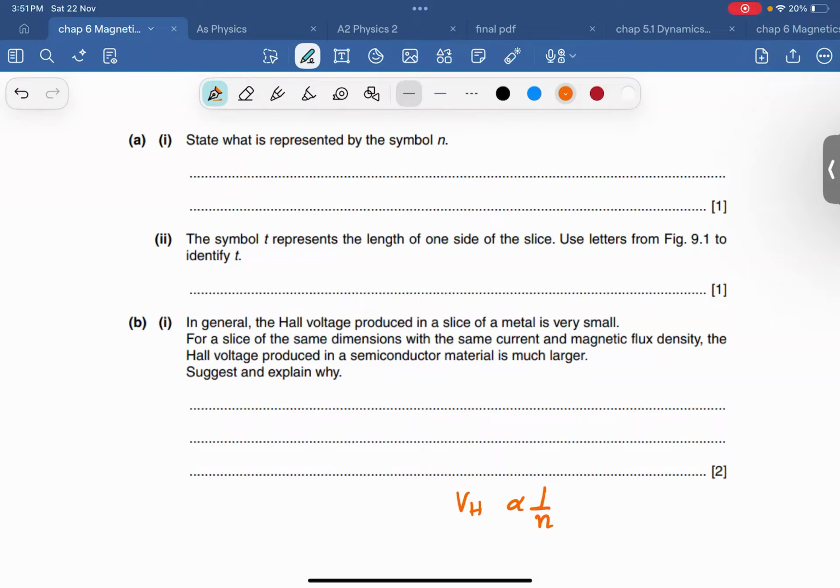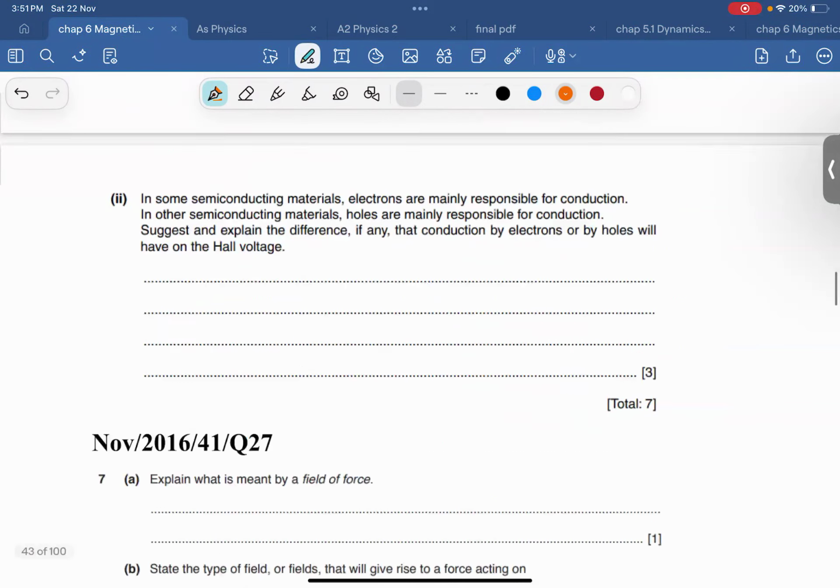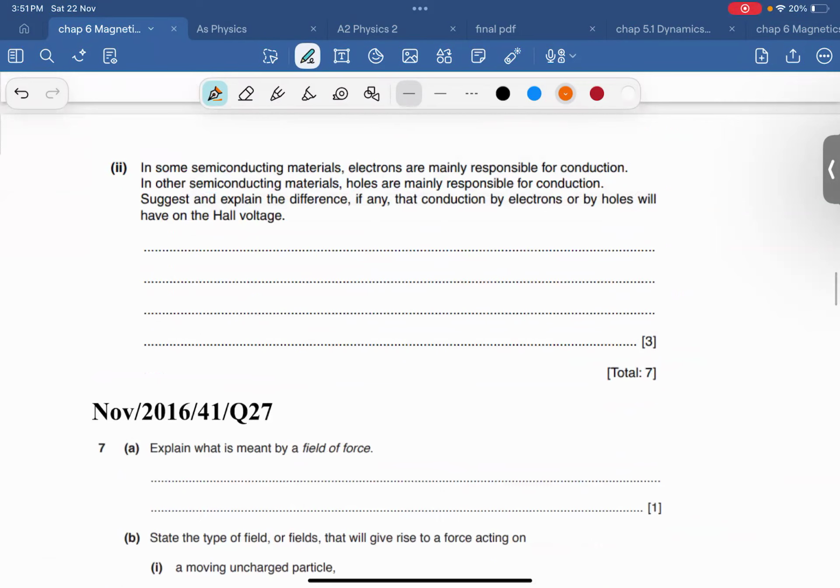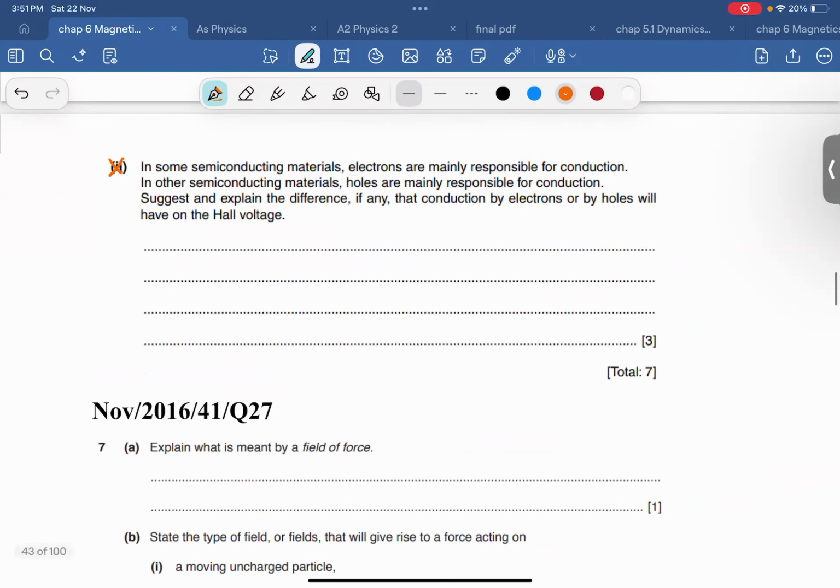If we have a greater number of electrons, then a lesser Hall voltage will be produced, and if we have a lesser number of electrons, then a higher Hall voltage will be produced. So this is what you have to mention. An easy one. By the way, this second part is not a part of the syllabus anymore. If you come across any such question where they're asking for holes, you can ignore it.